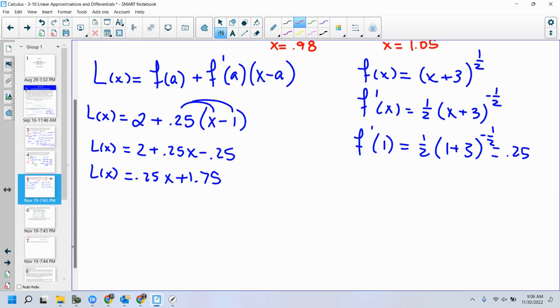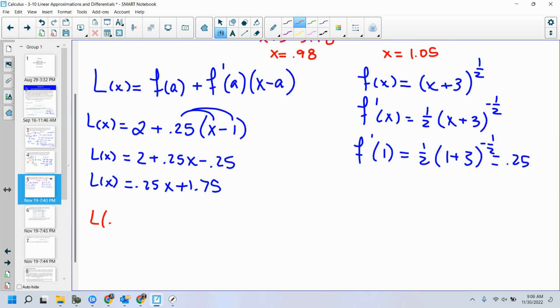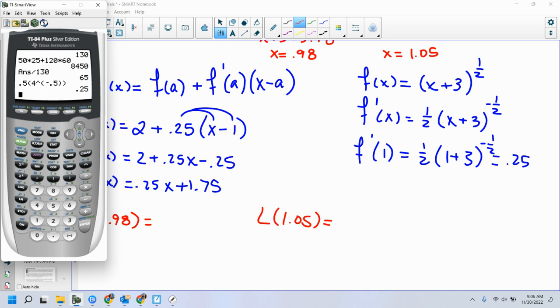So when I do that, I'm going to say L of 0.98. And then I'm going to calculate L of 1.05, the linear approximation at those values. 0.25 times 0.98 plus 1.75 gives me 1.995.